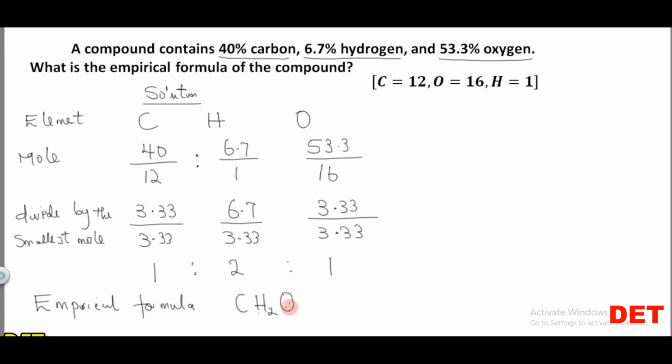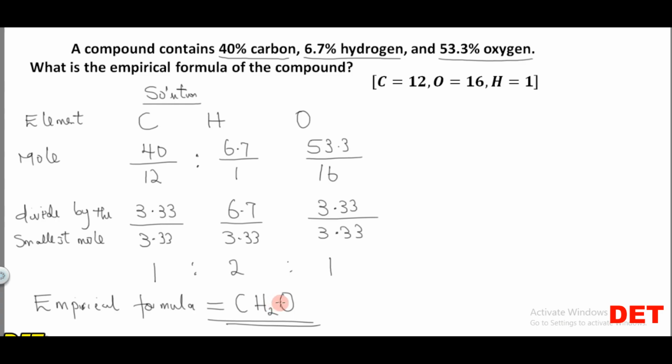That tells us that this compound has 1 carbon, 2 hydrogen, and 1 oxygen. This is the formula which shows the simplest whole number ratio of each atom of the elements present in this compound. So this is your empirical formula for this compound.